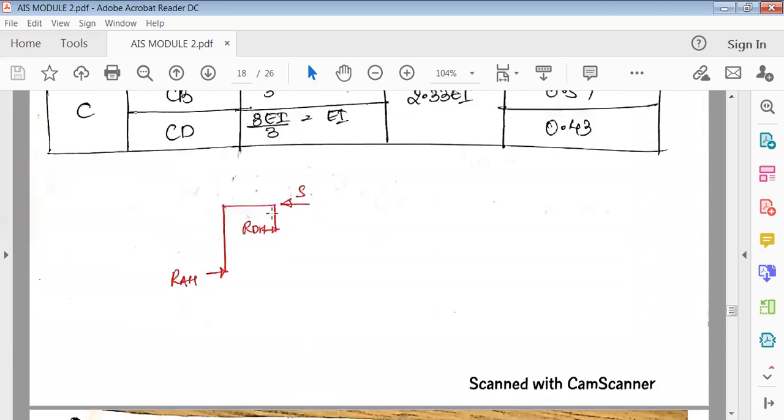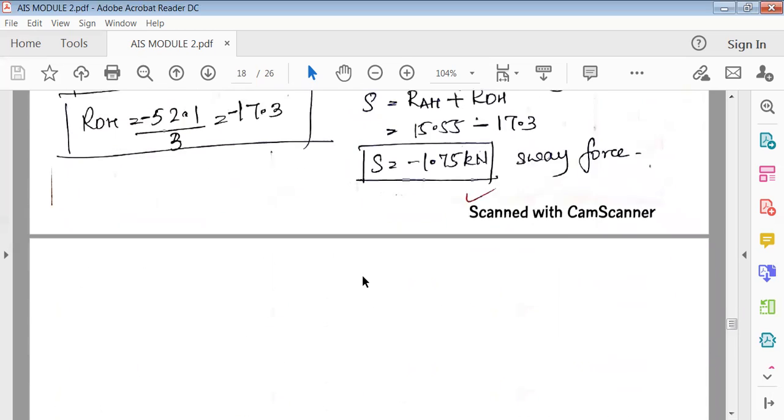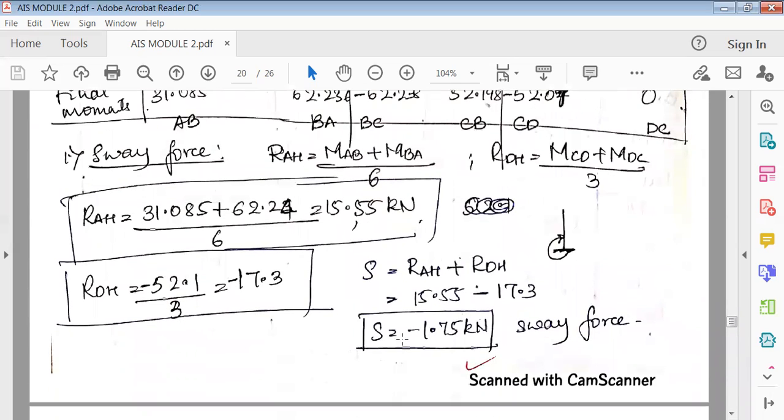Using the sign convention, RAH plus RDH minus H minus S is equal to 0. So when you solve the equation, RAH plus RDH, and solve this, S is equal to minus 1.75. So this is the force.